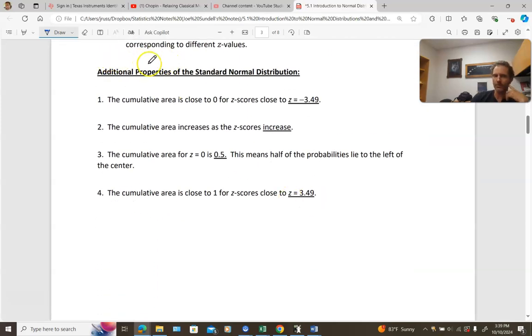Let's look at these additional properties first. So the cumulative area is going to be close to 0 for z-scores close to -3.49. What this means, I'm going to draw you a graphic here. Remember, with the standard normal distribution, the mean is 0.